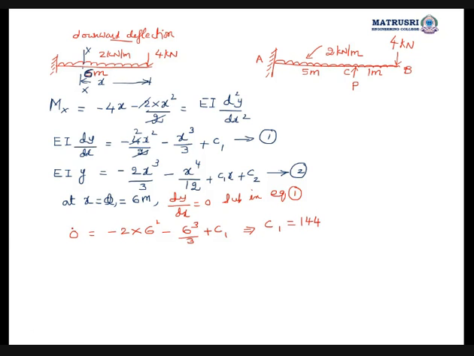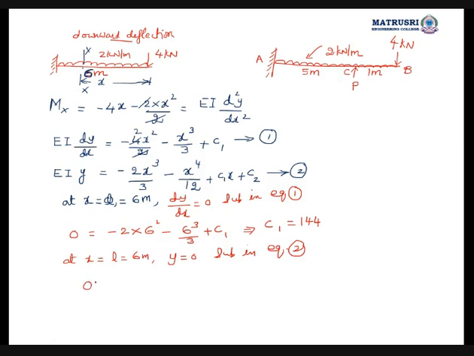Understood, please, all of you? And similarly, I will go for at x is equal to L, again same 6 meter, y is equal to 0. Substitute in equation number 2. What will happen?